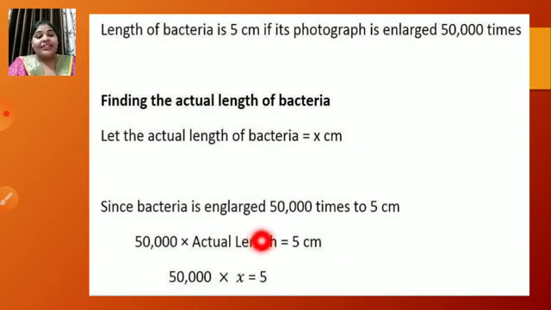Whatever the actual length is, it is enlarged 50,000 times, and after enlarging, the length has become 5 centimeter. So 50,000 multiplied by x, the actual length of the bacteria, is equal to 5.